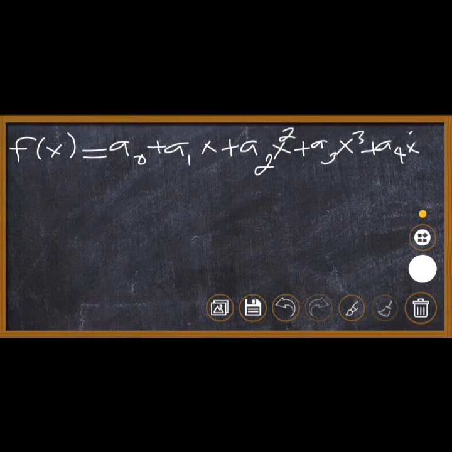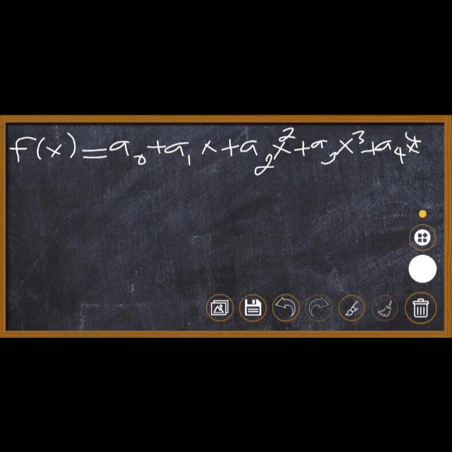Sorry, there it just has to be power 4. So in this case, we are going to have power 4 here for x. So that's how it is.